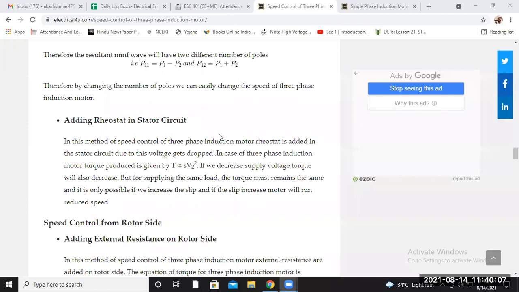That topic was about how we can control the speed of an induction motor from the primary side, or you can say the stator side, or the secondary side. We have completed our stator part. Now we will discuss the rotor part.